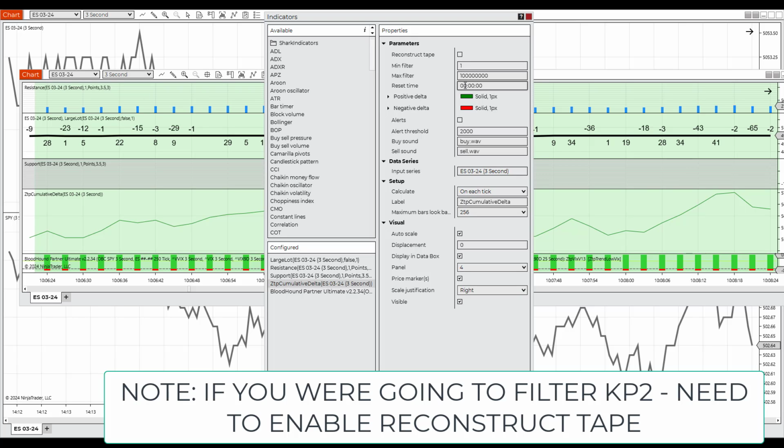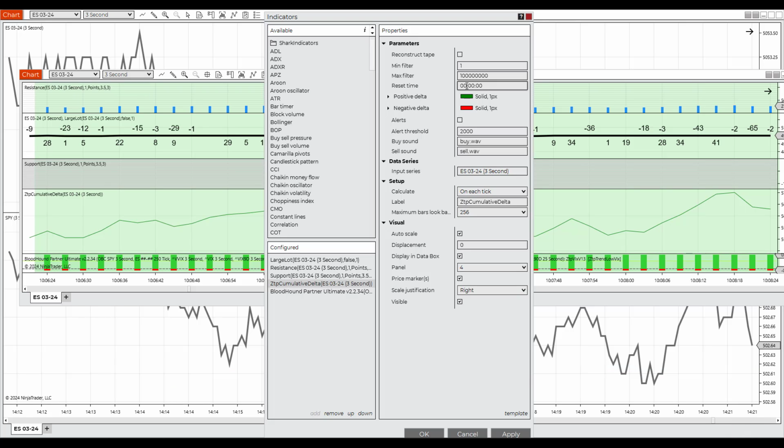I've just set a reset time of 2400 so that you could see this at the open and there won't be any jump. Likewise, you can also set it for 1800, and that will basically give us the same effect that we are looking for. It is going to show up in panel 4.